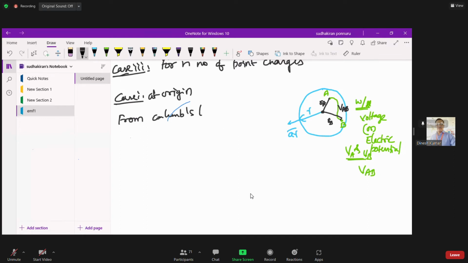Okay, so from Coulomb's law, we already know the expression E is equal to Q divided by 4 pi epsilon naught R square into AR bar. So what is this expression?